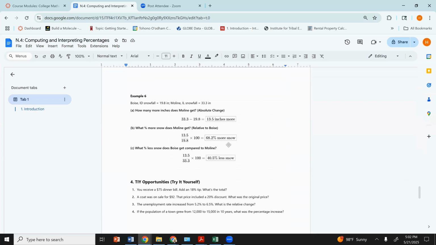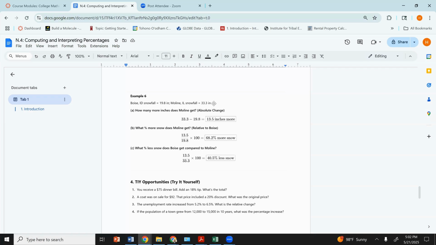Example 6 will show us more about absolute change and relative change. Here we have weather data. The snowfall in Boise, Idaho is 19.8 inches, and in Moline, Illinois, snowfall is 33.3 inches.